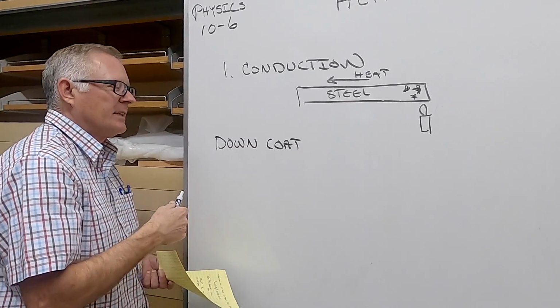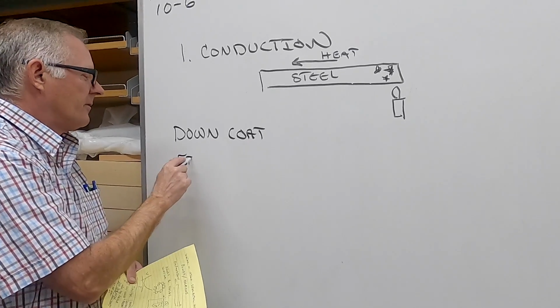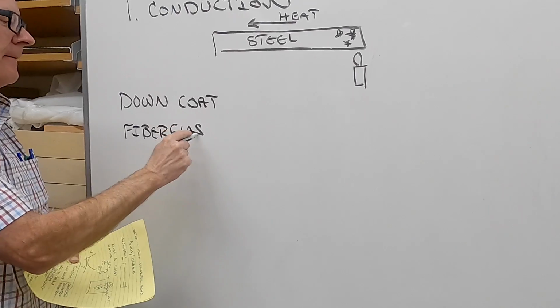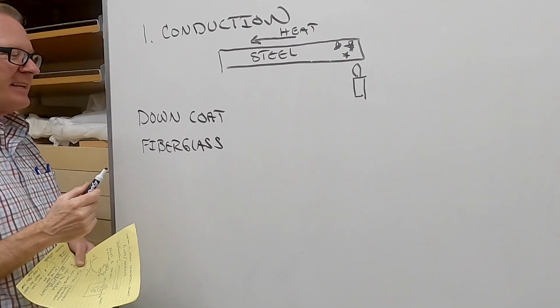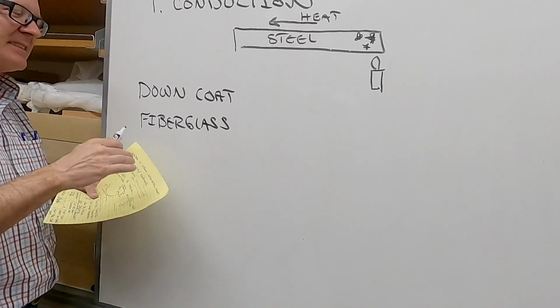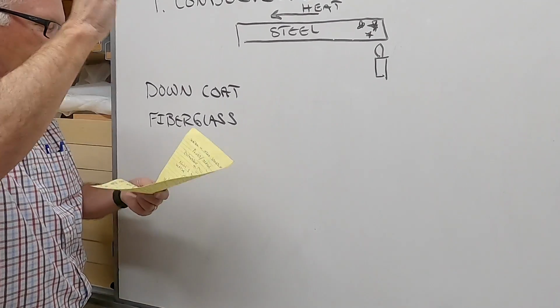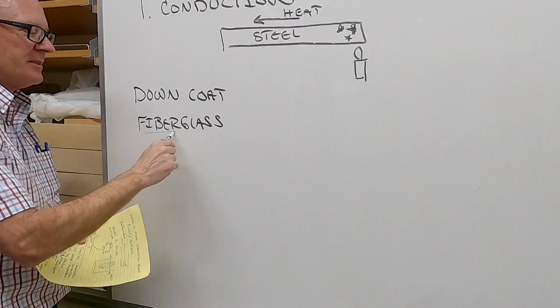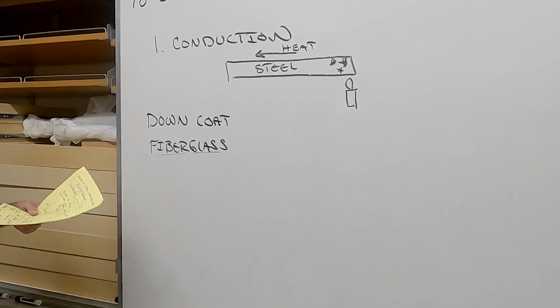So if we look at something like what we use to keep the house warm, we use fiberglass. Well, it's not the glass in the fiberglass that keeps the house insulated. It's the space in between. If you look at fiberglass, it's kind of real puffy. It's just the space in between that keeps your house insulated. It's not the material.